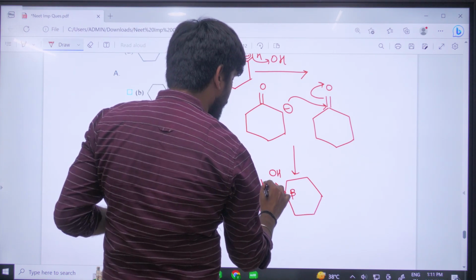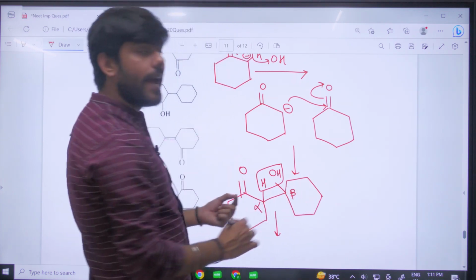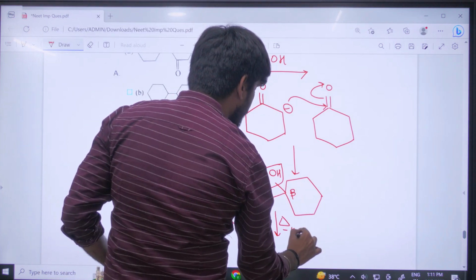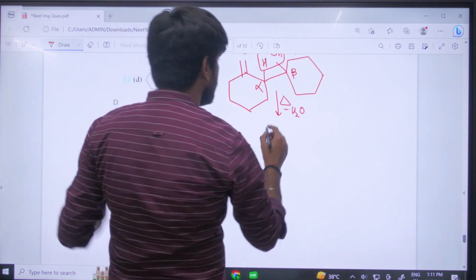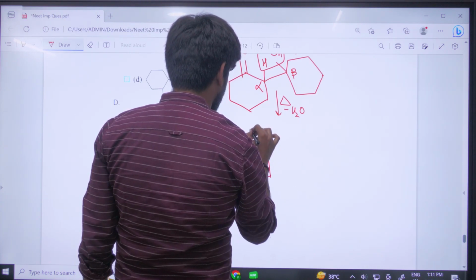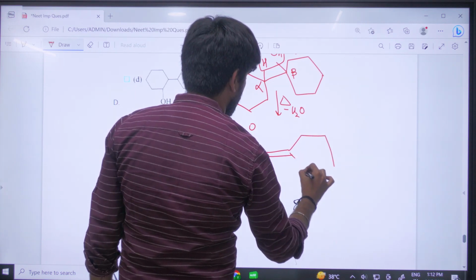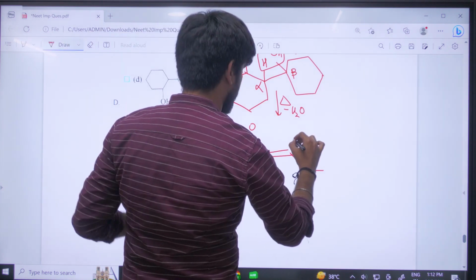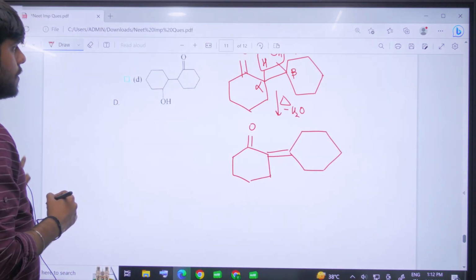At alpha carbon I have H, so there is an elimination of water molecule which is called aldol condensation upon heating, minus H2O, and I end up getting alpha beta unsaturated ketone like this.